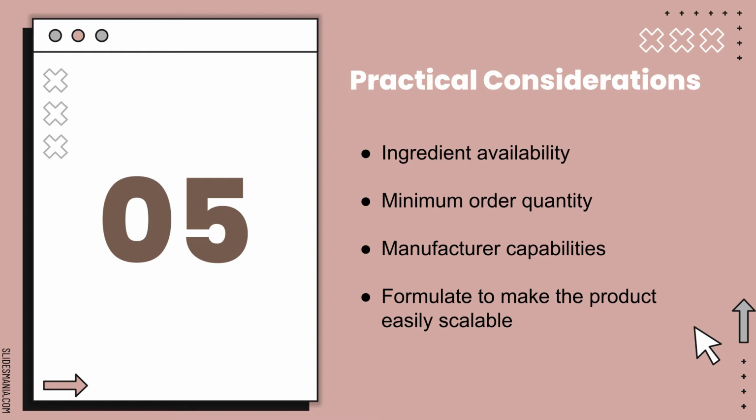If the product you are intending to reverse engineer contains ingredients which are challenging to work with, for example, require a separate vessel for premixing, or have longer than usual mixing times, this will impact the cost, time, and possibly stability.